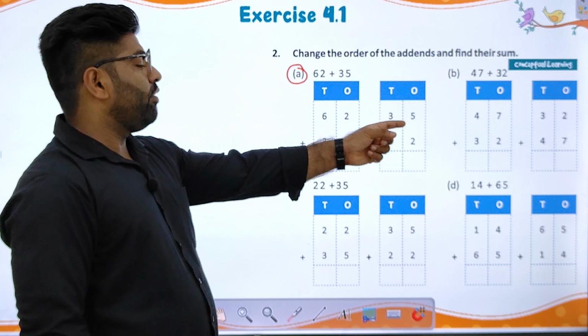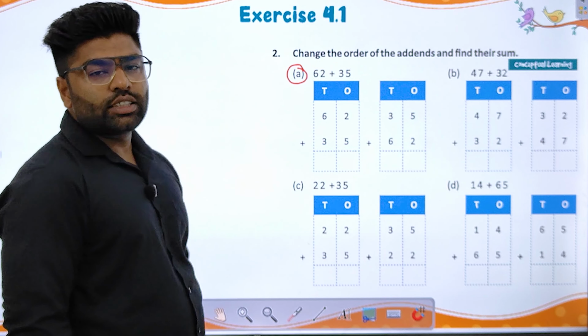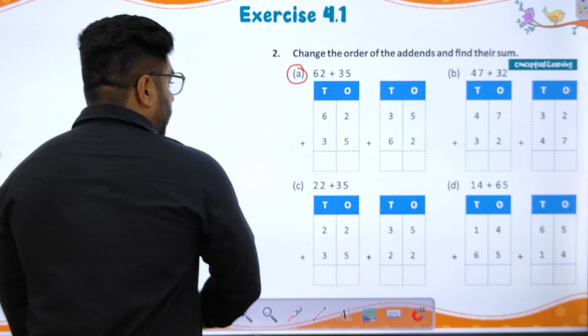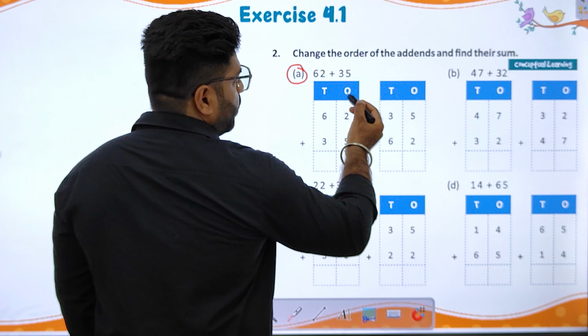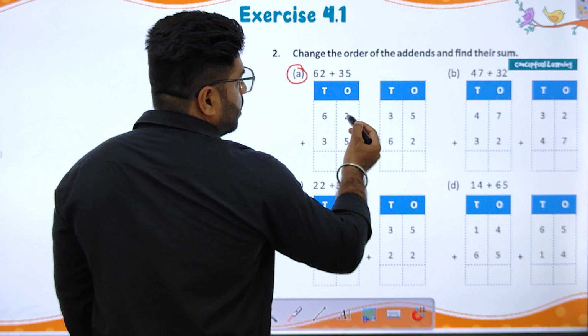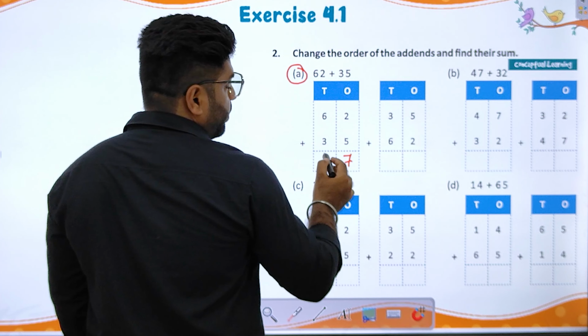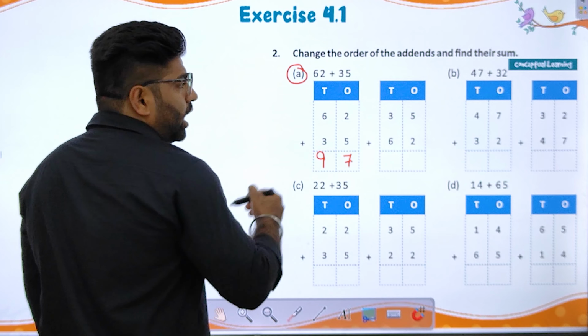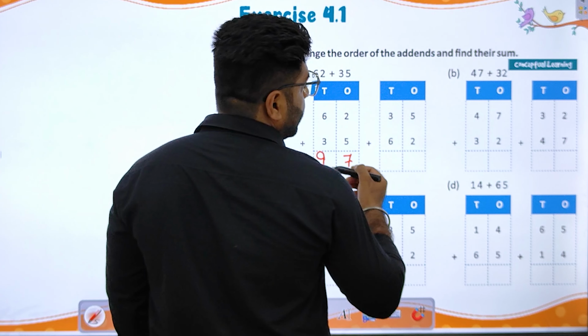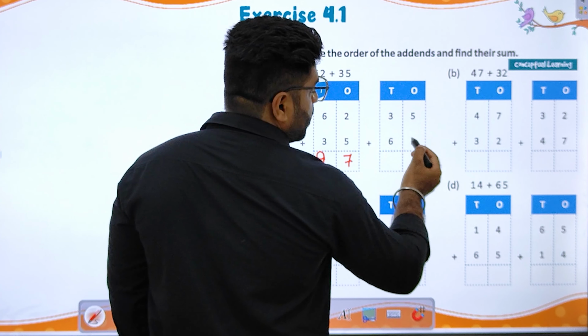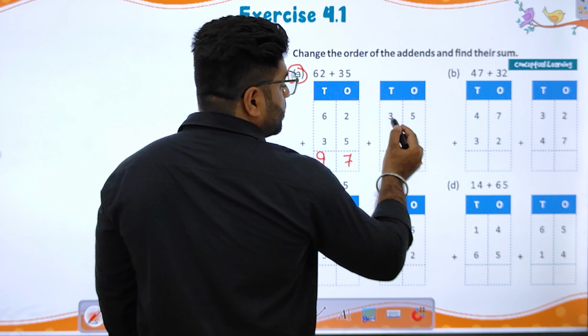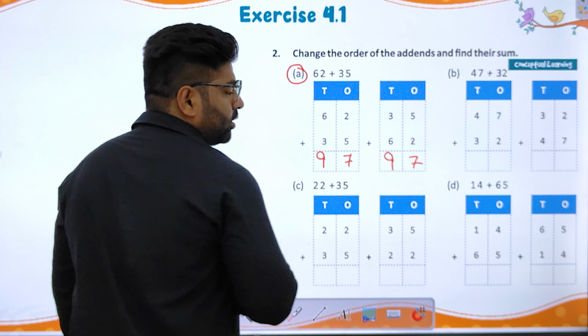Here we have 35 as the first number and 62 as the second number. So let's add ones place: 2 plus 5 is 7, and 6 plus 3 is 9. Again we add the second one: 5 plus 2 is 7 and 3 plus 6 is 9.